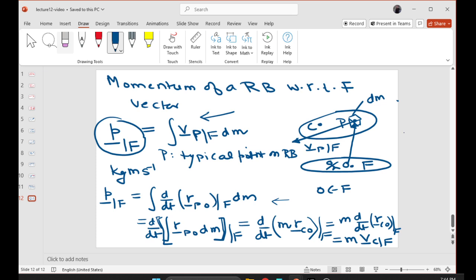If we already know the total mass of the RB, then we only need to know the instantaneous velocity of one point of the RB, and that would be enough to find the momentum of the entire RB. But that point is a special point, and that special point is the center of mass of the body.